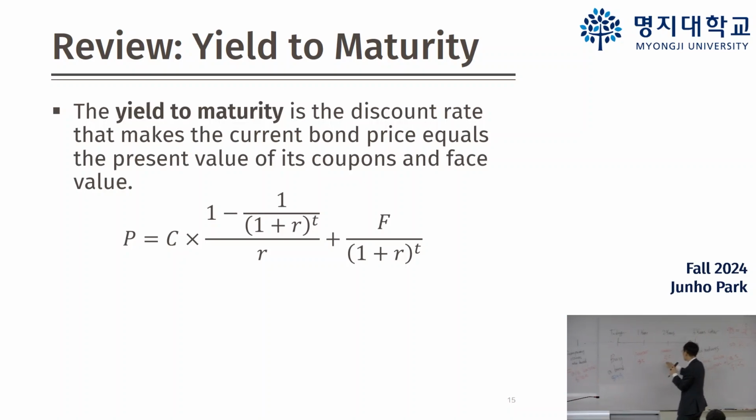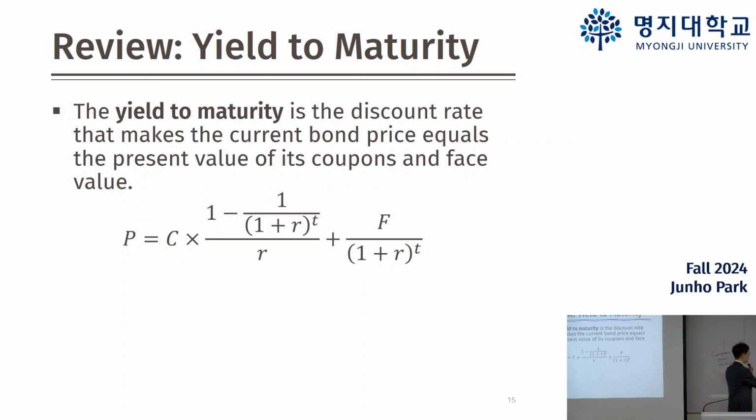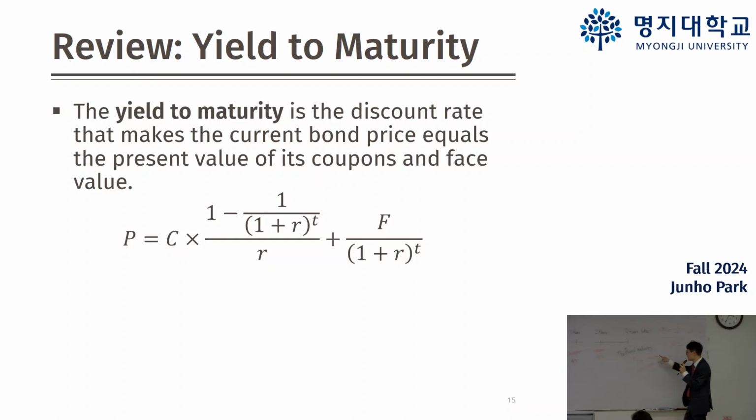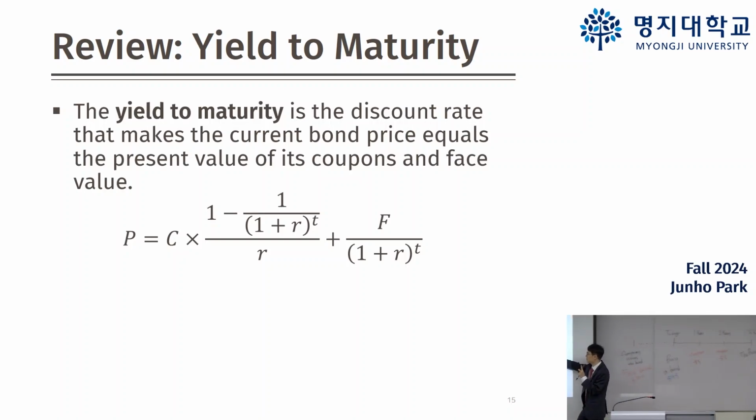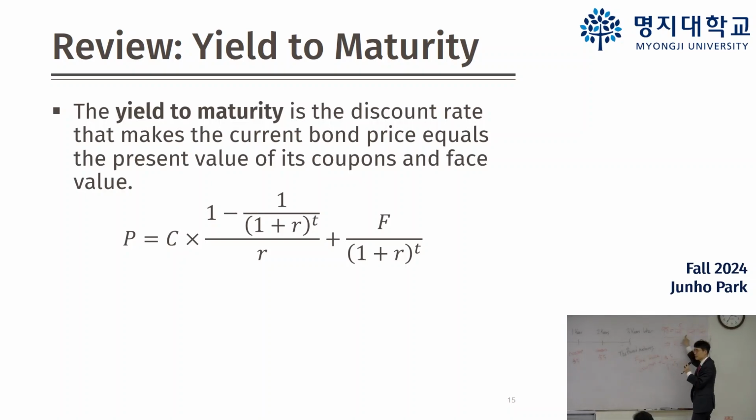And coupons are the same for every year, so it is an annuity. That's why we use the annuity formula in the calculation. And finally, at the end, you get back the face value, which is $100 in this example, so you need to discount it by dividing by 1 plus R to the power of maturity. So this is just another representation of this calculation. It is not that complicated.